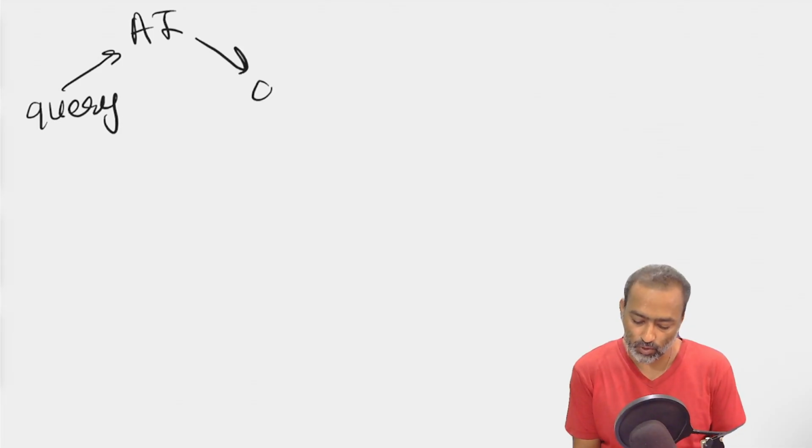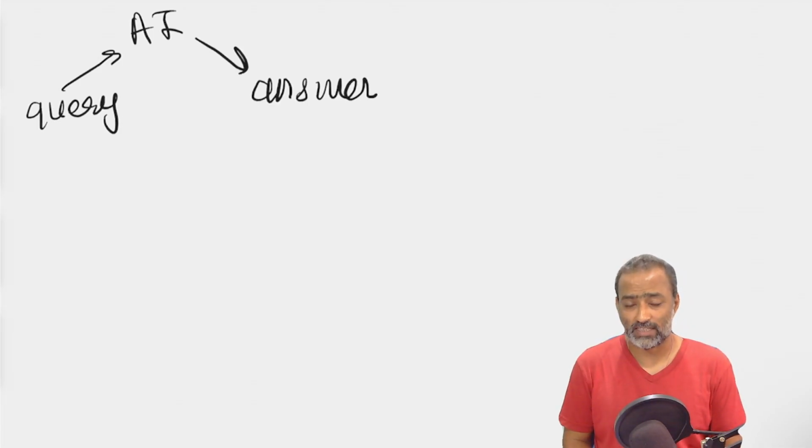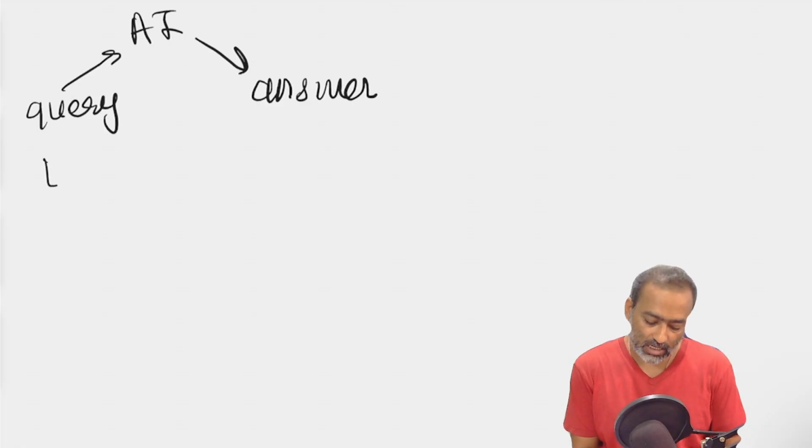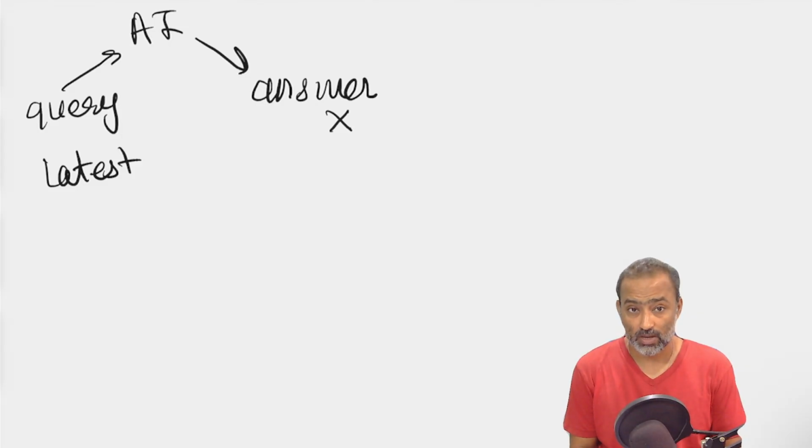We all know that nowadays, when you ask a query to AI, it gives you an answer. Correct almost all the time. But when you ask about something latest, it cannot give you the answer.